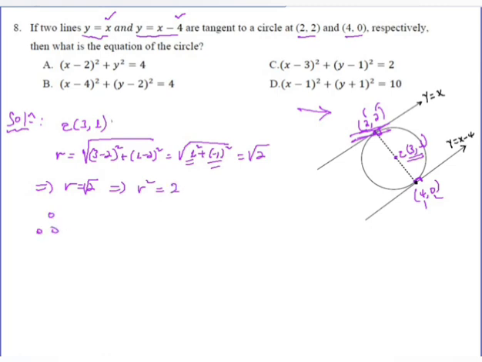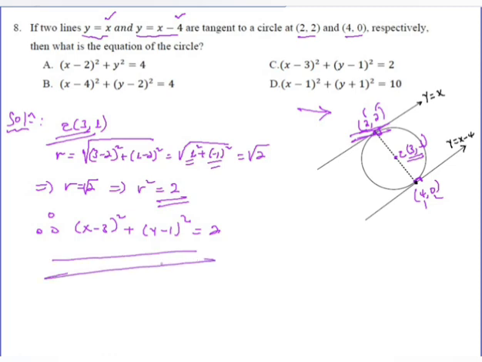Therefore, the equation of a circle with center 3, 1 and radius radical 2 will be (x minus 3) the whole square plus (y minus 1) the whole square equals r squared, which is 2. So this is the required equation of the circle. Therefore, our answer is C.